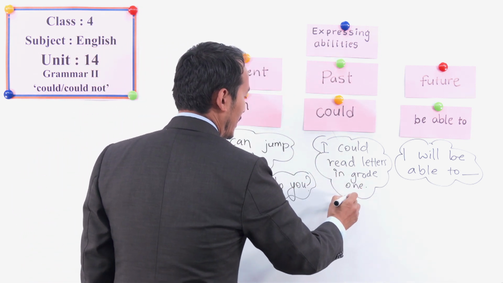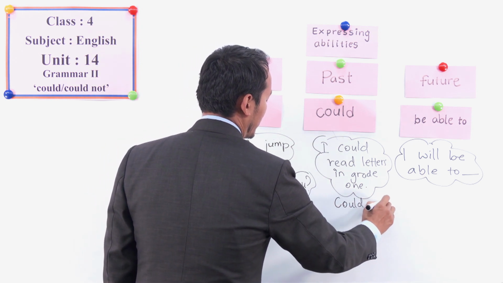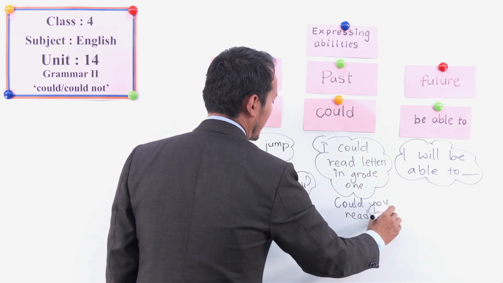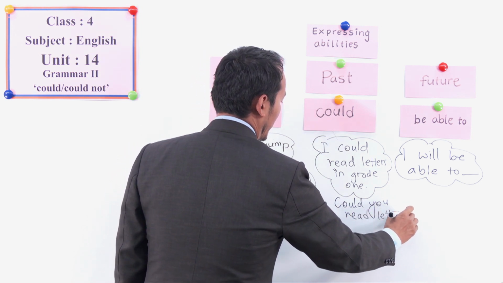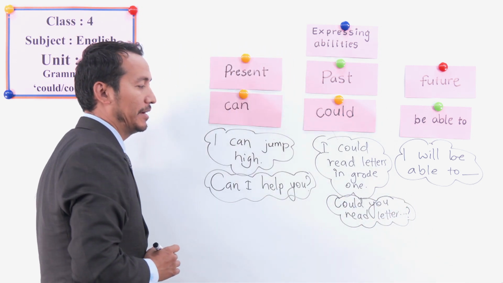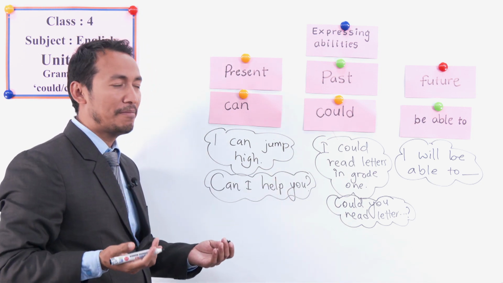Likewise, you can say could you read letters, okay, letters when you were 5 years old. Likewise, you can ask someone's ability in the past.